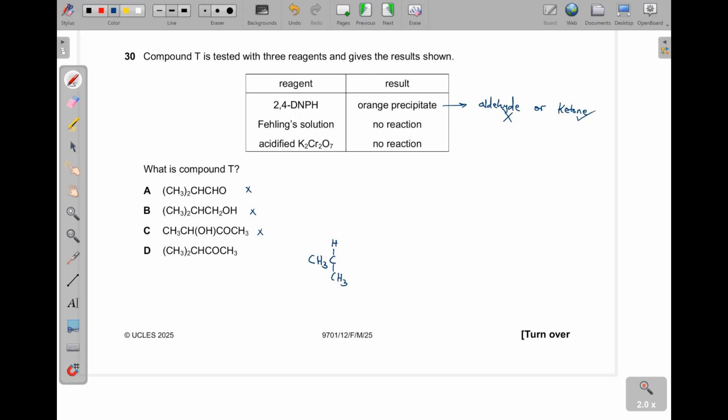Then we have C, then double bond, and then this one here. So since this one is a ketone, it cannot be oxidized by this. It will give a positive test with the 2,4-dinitrophenylhydrazine, and it will give a negative test with Fehling's solution. So that means our answer is D.